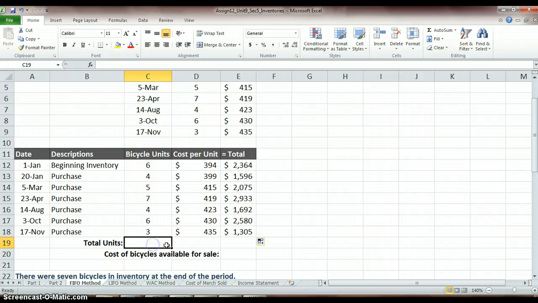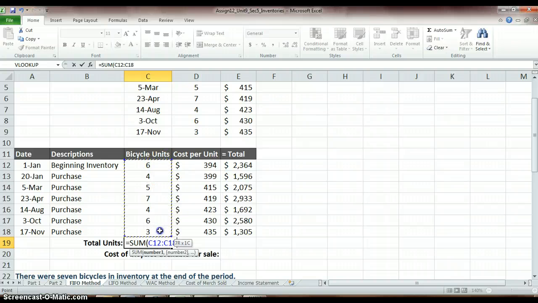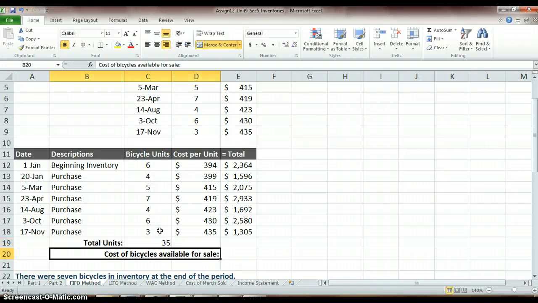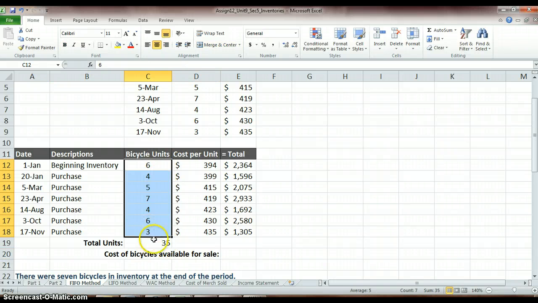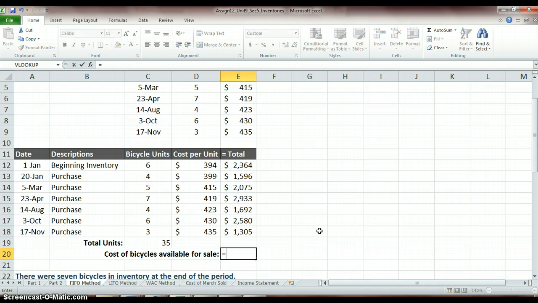So we have a total amount of units. We can say let's equal up the sum of all of these numbers here. That gives us a total of 35 units. So we have 35 units available for sale. And then our total cost of merchandise that we have available for sale is going to be the sum of these cells.